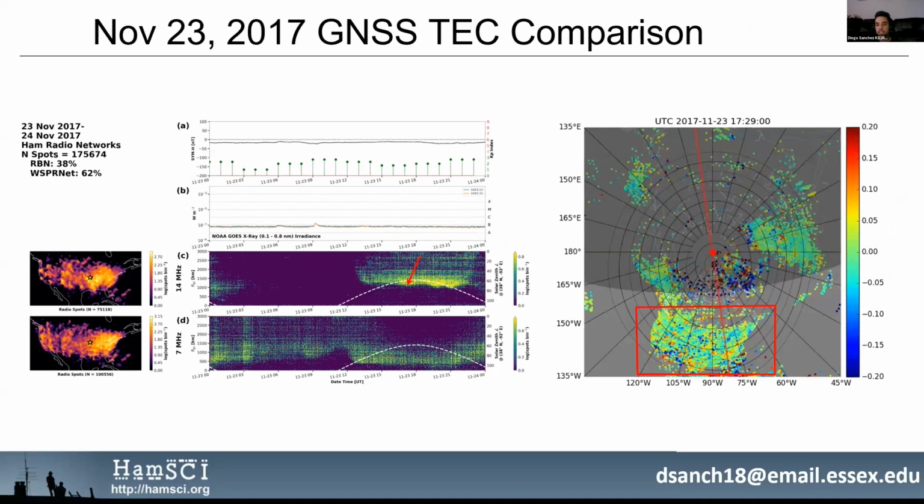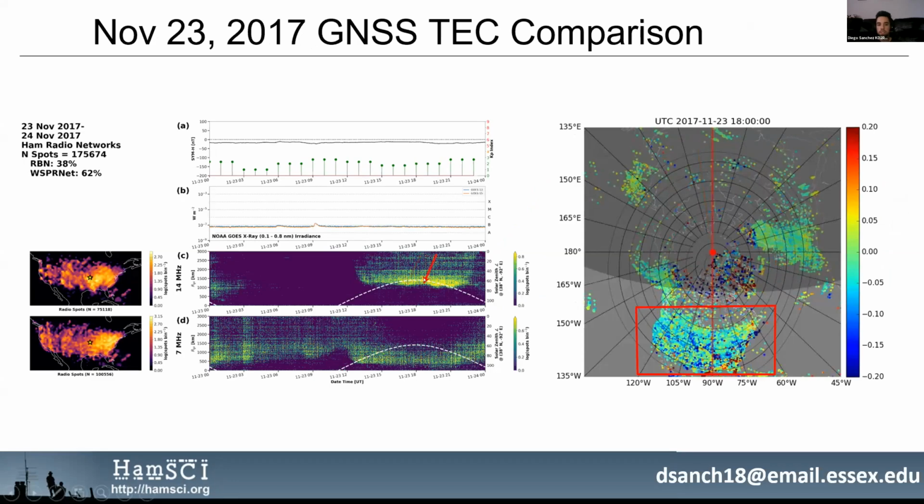I have the next slides taking specific spots at each of the peaks and just showing the change in the total electron content with the TEC data on the right-hand side. So we start off at 530, and as we go, the distances are increasing in the ham radio data.